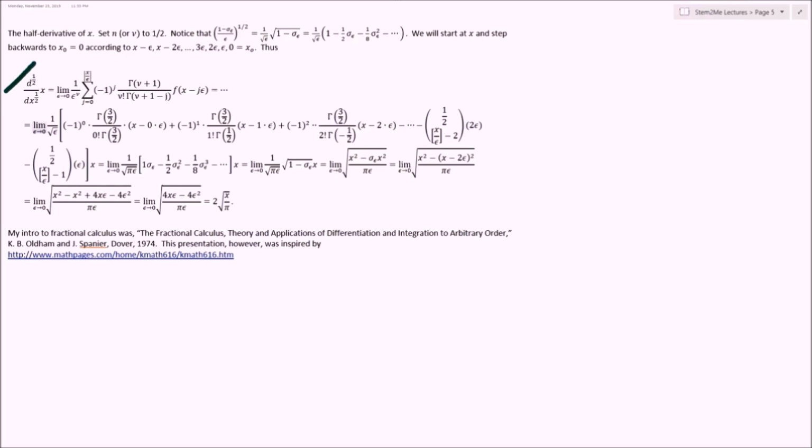Substituting into our formalism, we obtain this result. Plugging in the actual values, we get from here to here. Then you go up and look up gamma for 3/2 and gamma for 1/2 and -1/2. And when you do this, you arrive right here.